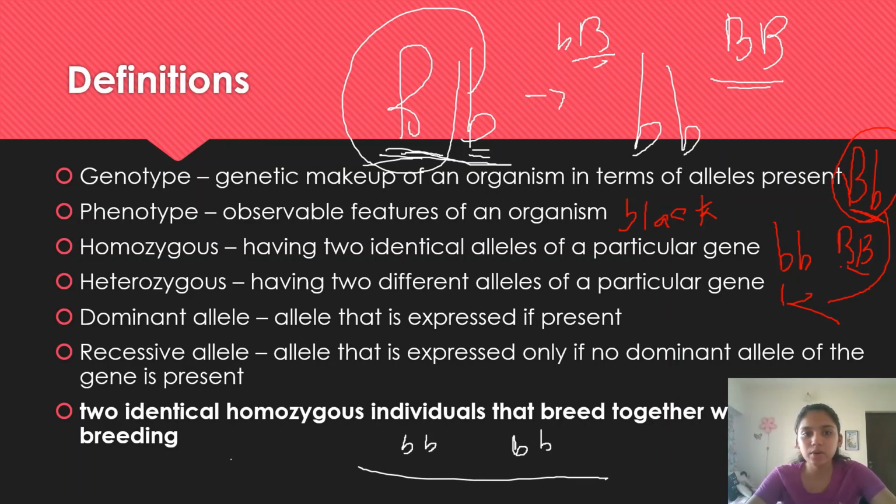If you have big B and big B, then it will again be 100% pure breeding. But if you have big B and small b, it will not be pure breeding because they're not identically homozygous. This is heterozygous. So that is basically all your differences.